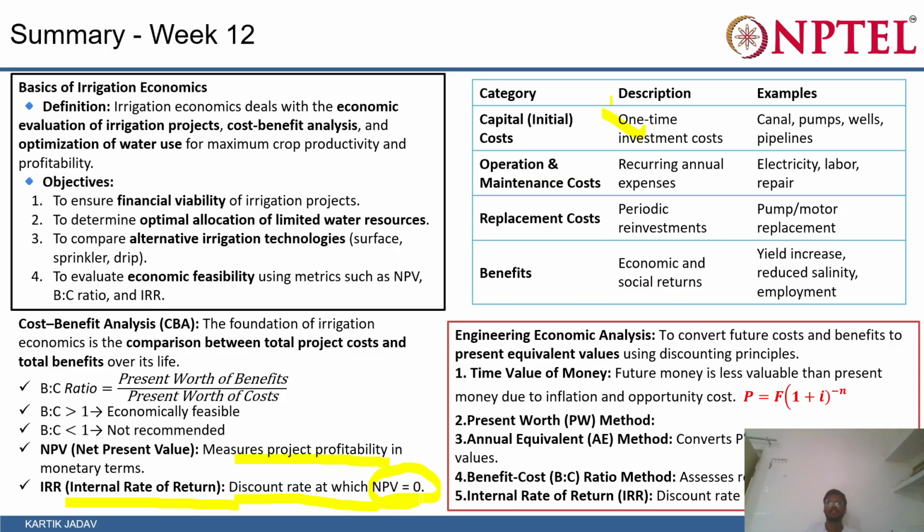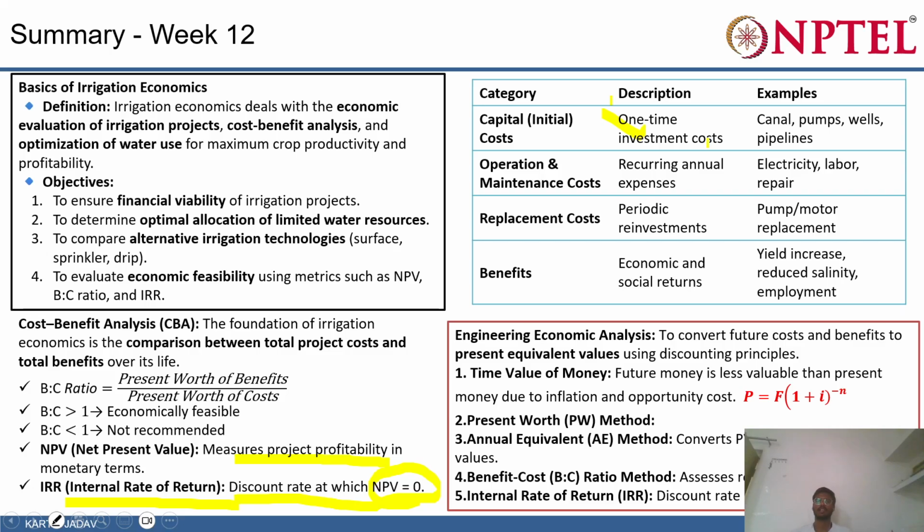Then there are certain categories that we need to understand before the calculation of irrigation economics. First is the capital cost. It is a one-time cost, also known as the investment cost.